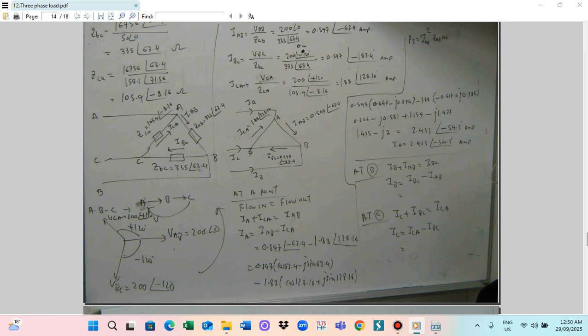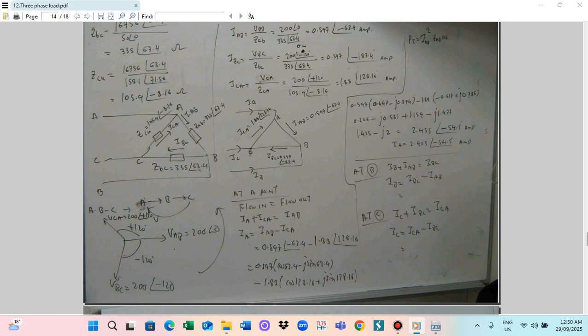So you change back from polar form to rectangular form. So this is 0.597 cos 63.4 minus j sin 63.4, minus 1.88 cos 128.16 plus j sin 128.16. So let's solve this one. The cos of 63.4 is 0.447.